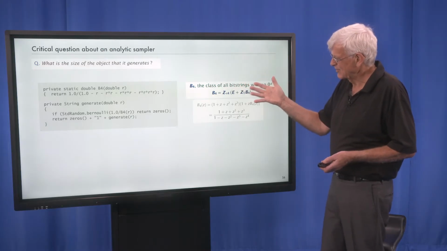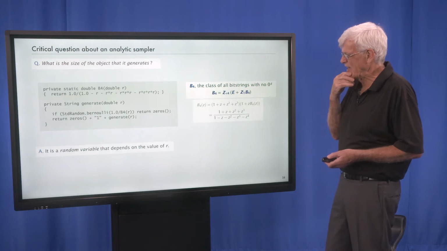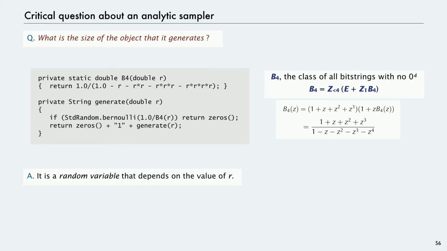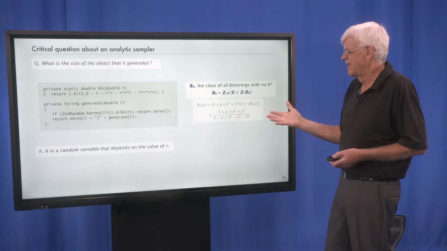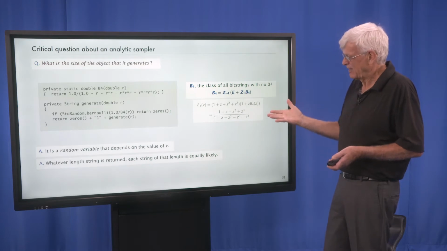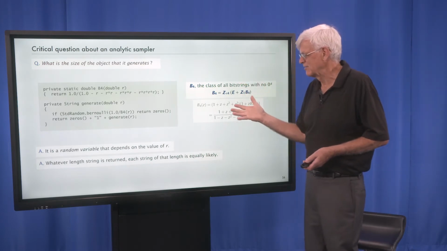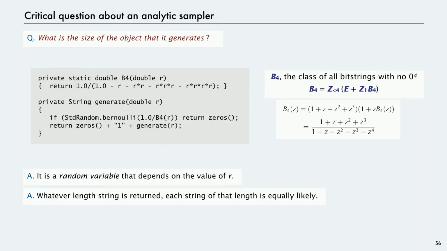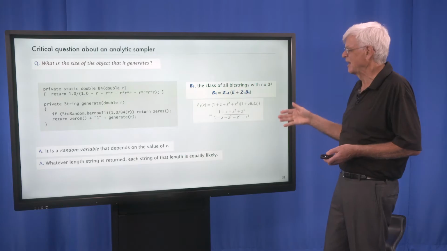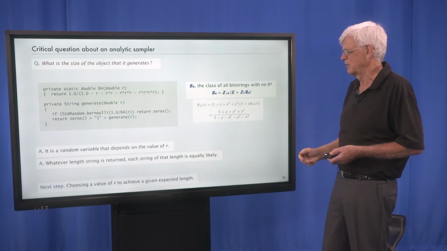If you study this code for a little while, you're going to see, okay, well, it's going to depend on the value of r, and it's going to be a random variable because there's a lot of Bernoullis in these calls. But the whole essence of the construction is, whatever size object it returns, it's going to be uniform. Each string of that length is equally likely to be the one returned, and that's what's most important to us.